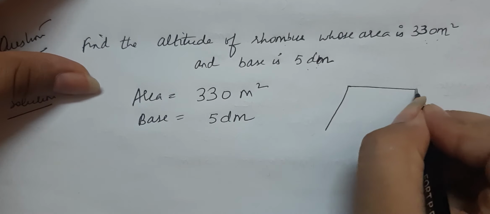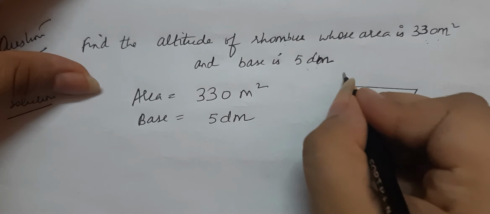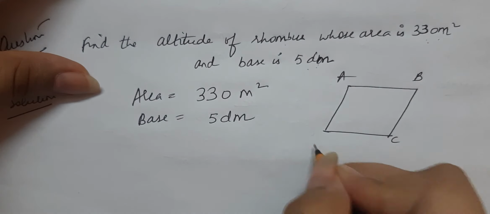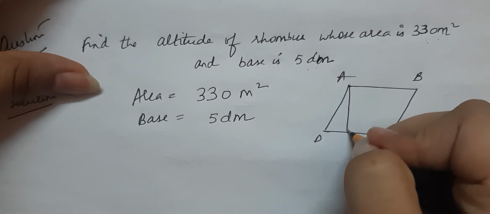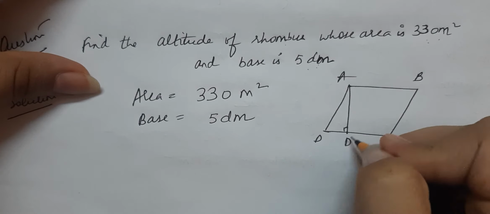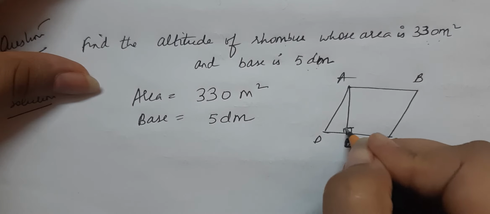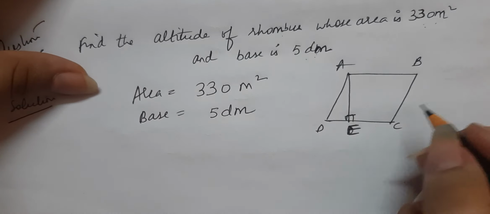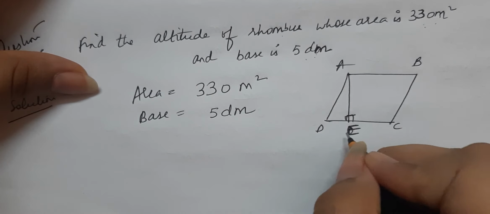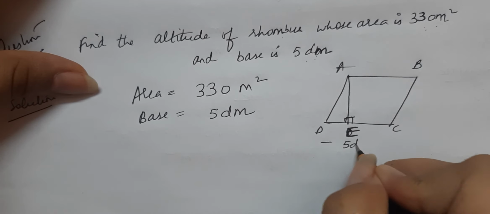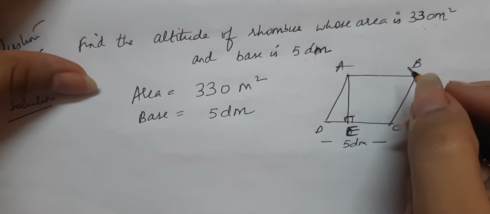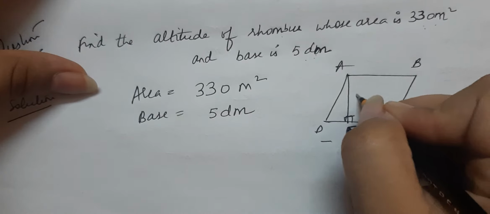So if I am making the figure, it will look like this: A, B, C, D. I am taking the names again. Now to find the altitude, let me name it E, and I have the base as 5 decimeter, and I have to find the altitude.